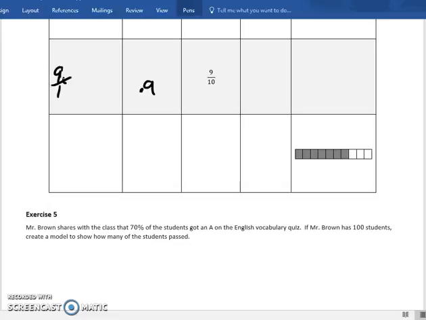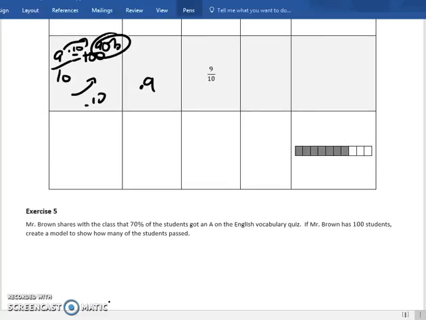So if I'm out of 10, but I want to get it out of 100, what do you multiply by? How about a 10, right? So it's 9 times 10? 90, so it is a 90%. All right, so this is how we kind of switch things up a little bit.